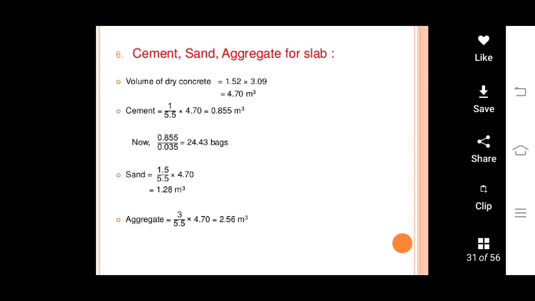Sand can be calculated by dividing the proportion of sand, 1.5, by total addition of ingredients, that is 5.5, into 4.70, which is equal to 1.28 m cube. And similarly, aggregates can be calculated, and the volume of aggregate is 2.56 meter cube.